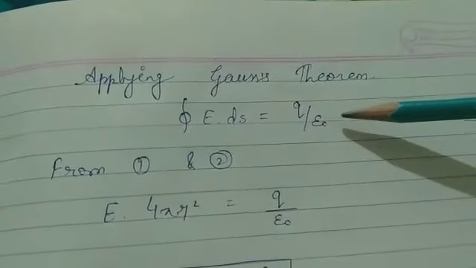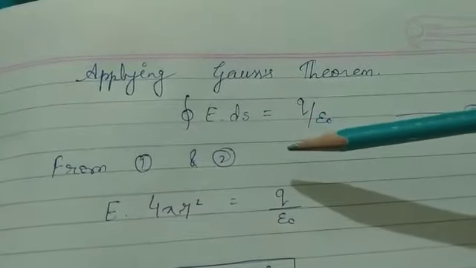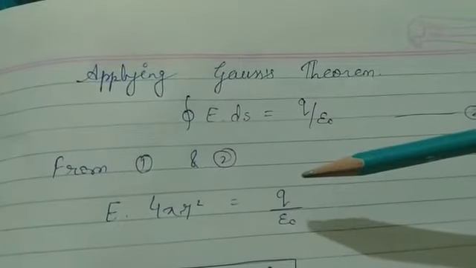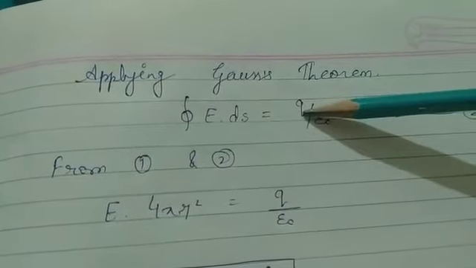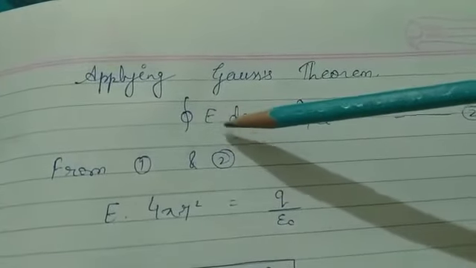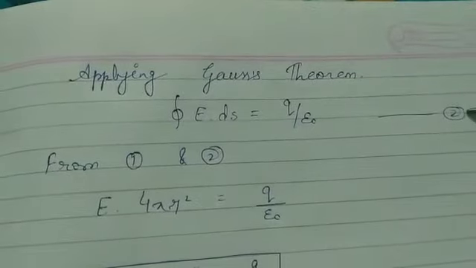According to Gauss's theorem, E dot ds should be equal to 1 upon epsilon naught times the total charge enclosed by the surface, and here the total charge is q, so this value we will get. The closed surface integral of E dot ds equals q upon epsilon naught. Call it equation number 2.